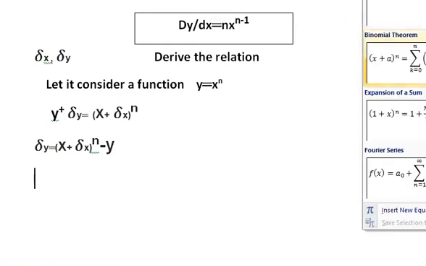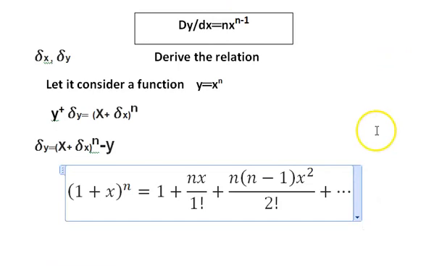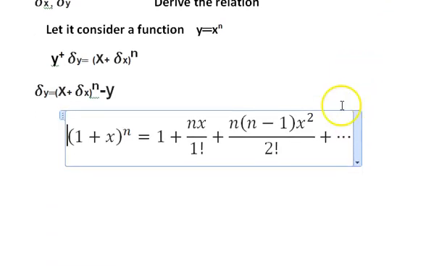This formula is applicable for the simplification of this function. This function is not directly valid for this formula, so first we will make it valid for this formula.